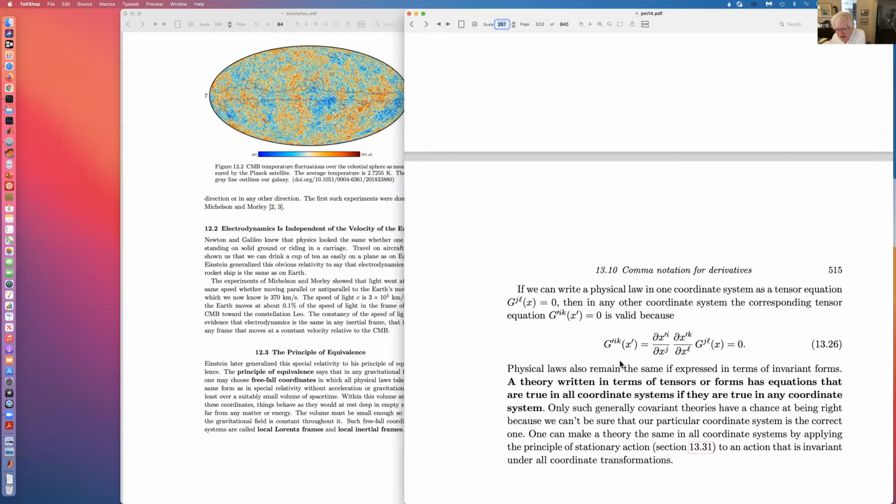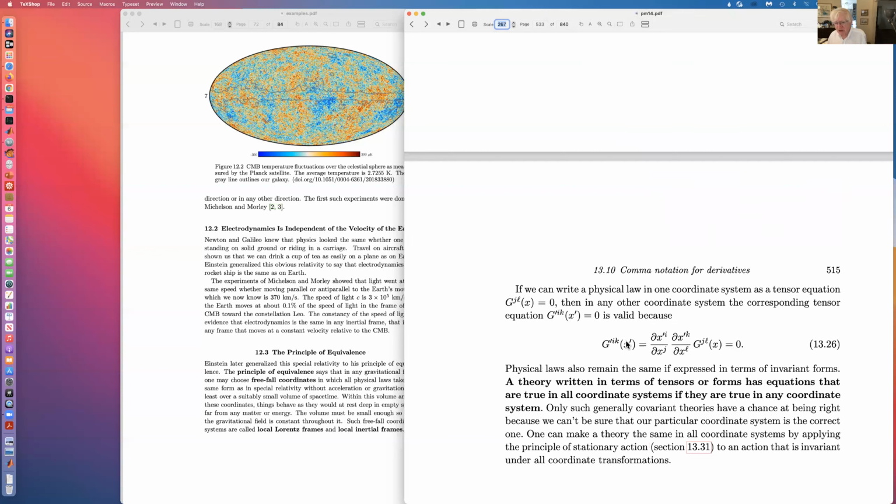And the reason for that is that G'^ik(x'), since this is a tensor, and it's contravariant, is given by this product of partial derivatives on G^jl. But G^jl was 0. And so this thing is still 0. So the equation, this equals 0 in one coordinate system, gives us this equals 0 in any other coordinate system.